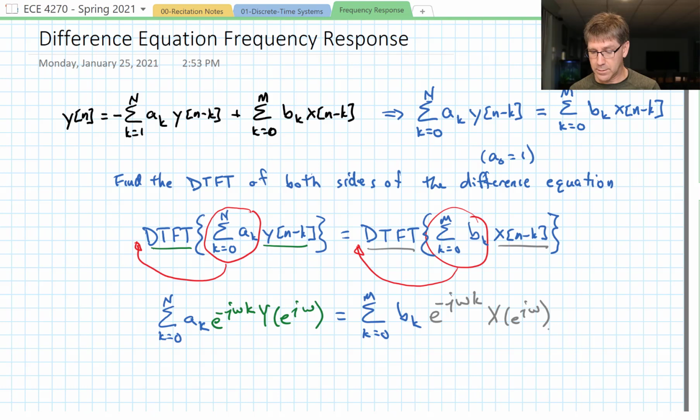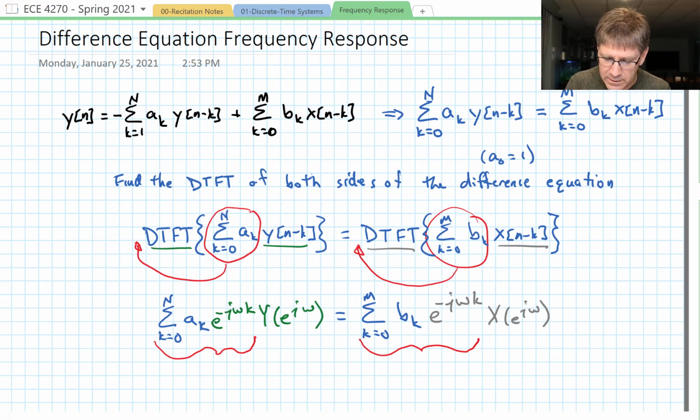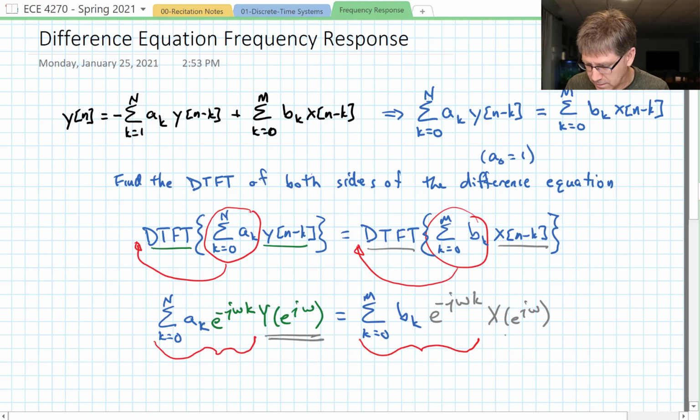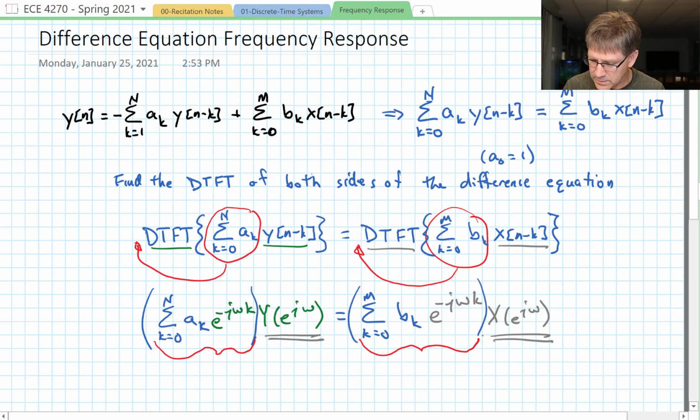At this point, you may see that our DTFT of y and our DTFT of x are both not functions of k, and we have a sum over k. So if you like, we can put parentheses around this part, and we recognize that as another DTFT operation.